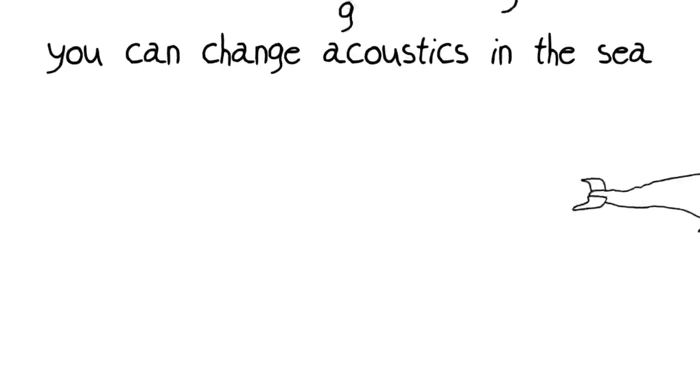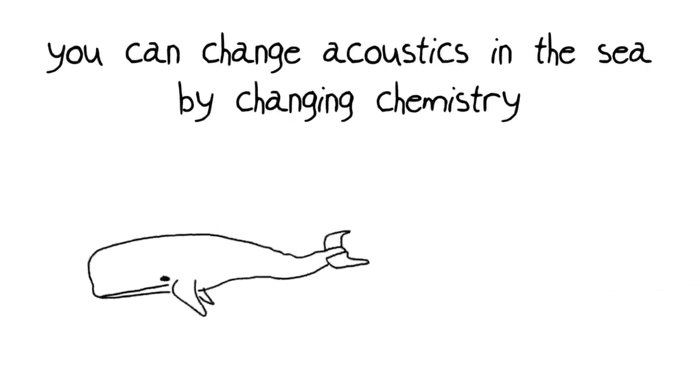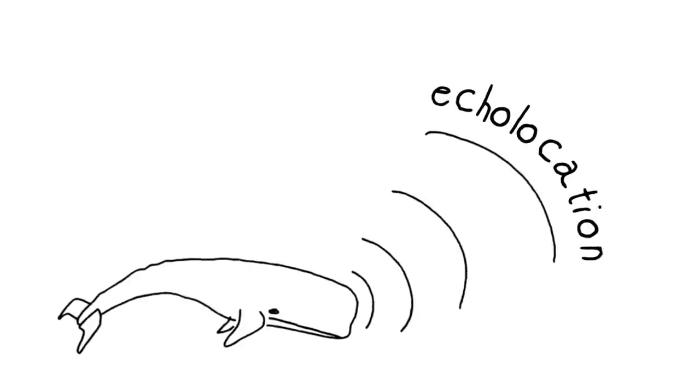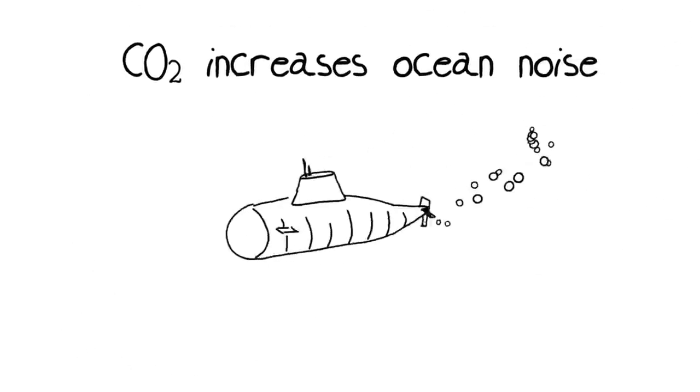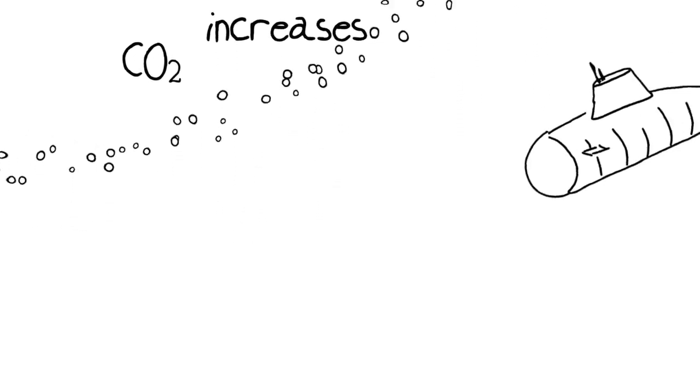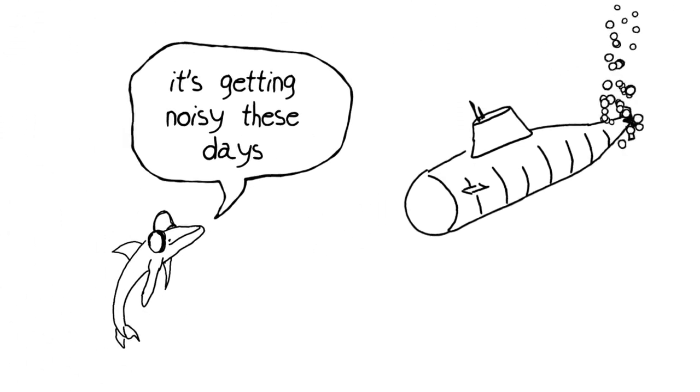The latter is kind of interesting because you can get changes in the acoustic properties of seawater by changing its chemistry, and that has huge implications for any animal that uses echolocation, for example. CO2 increases ocean noise, which is already getting noisier all the time through other human activities.